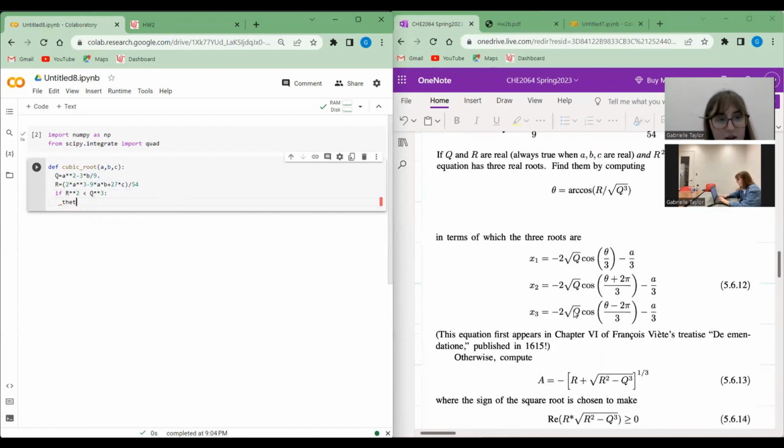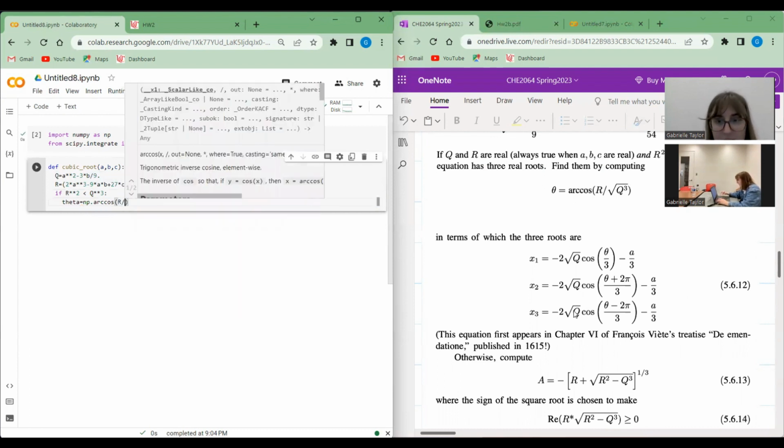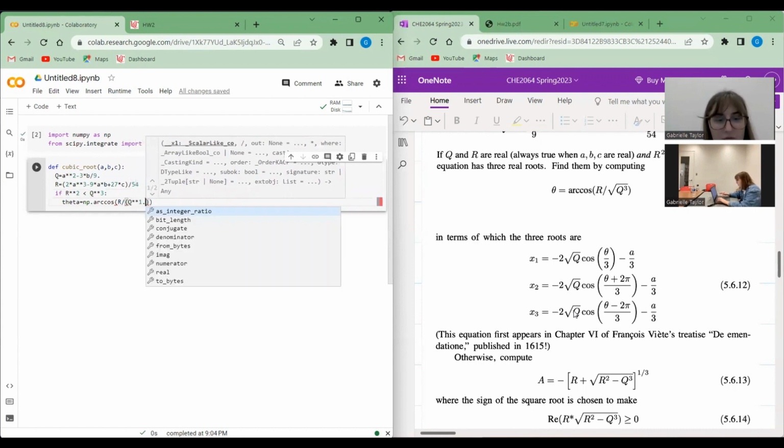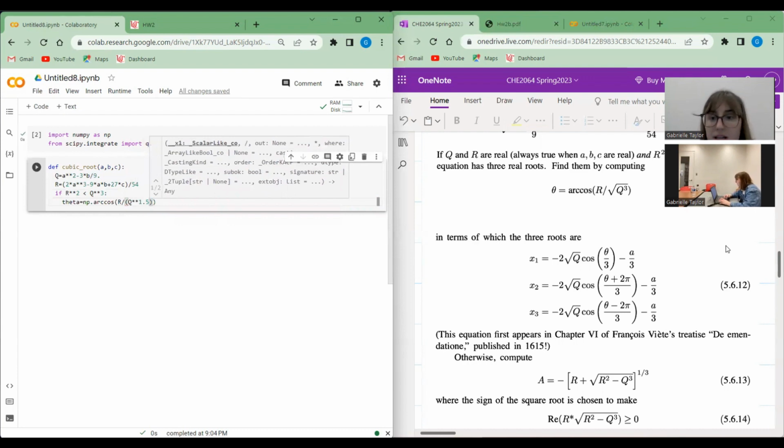So theta equals np arccos, arc cosine, and this is going to be R divided by Q to the 1.5, because it is the square root of Q cubed, so it should be that.